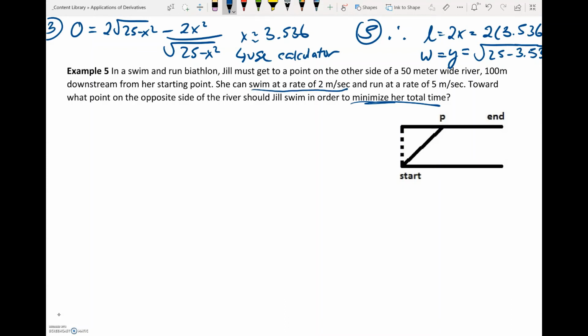So we are given some rates here. Swim at a rate of 2 meters per second, run at a rate of 5 meters per second. These two pieces of information are very important because they give us the velocity of her swim and run. So the swim would be distance over time for the velocity of the swim.